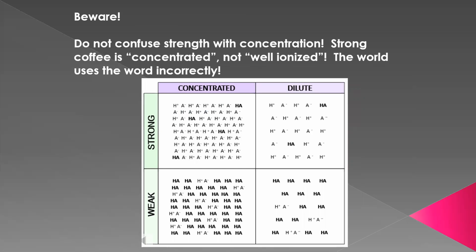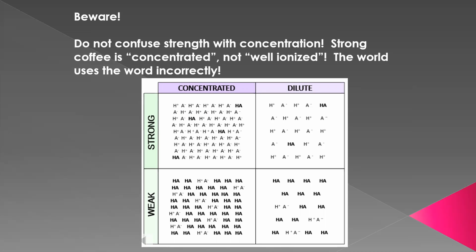And this confusion mostly comes from the idea that the world says it wrong. People out there in everyday conversations say it wrong. So it's a matter of being sure you in chemistry are using the right words so that you're communicating correctly.